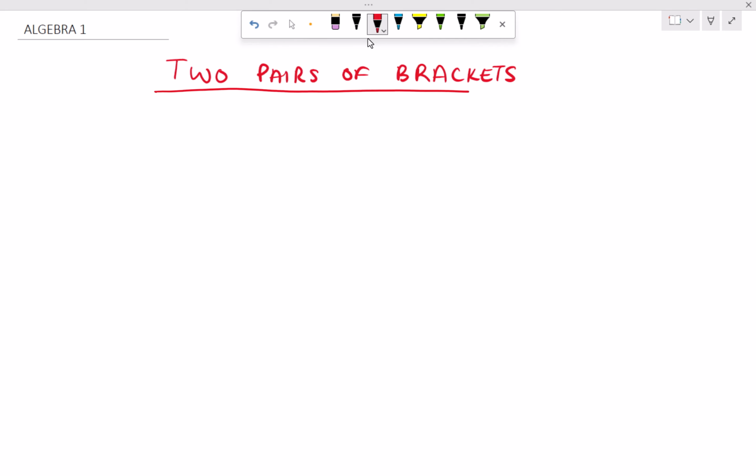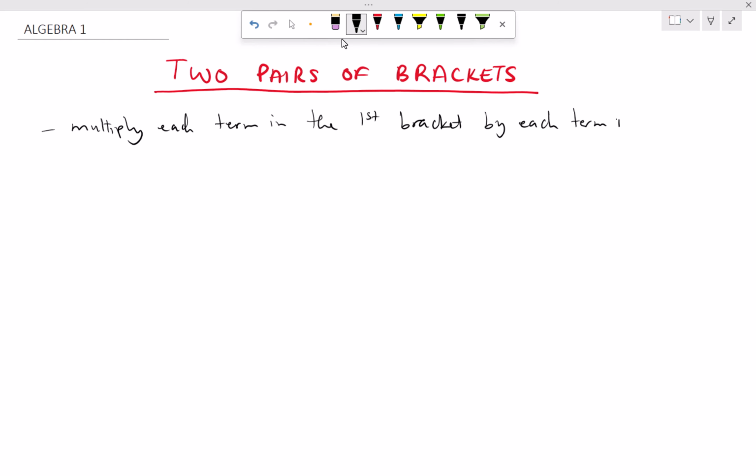All right. So to expand two pairs of brackets, we're going to multiply each term in the first bracket by each term in the second bracket.